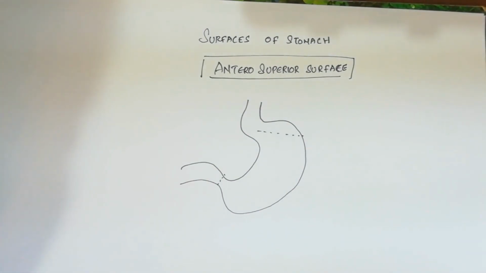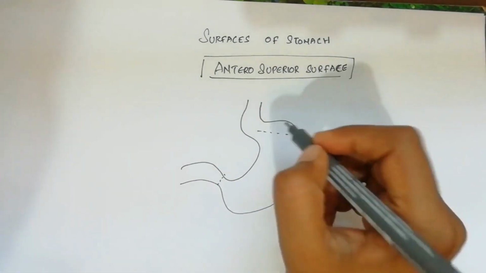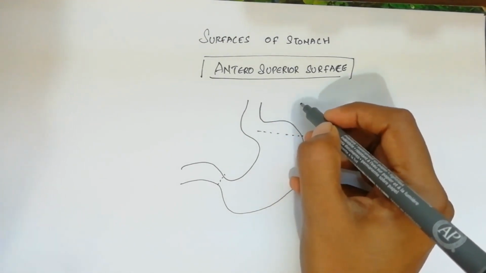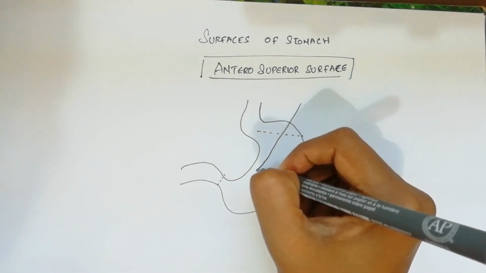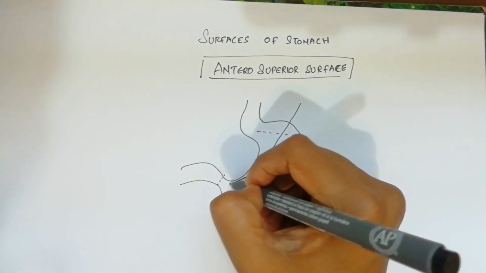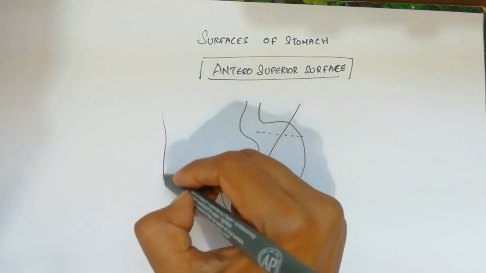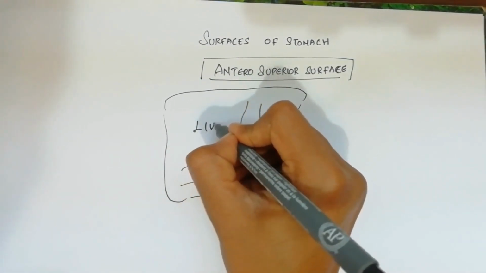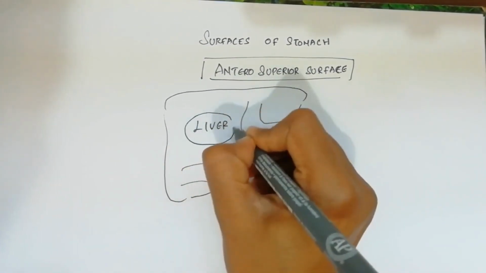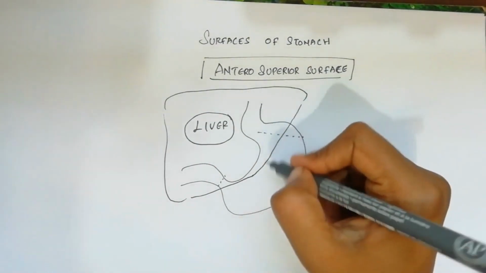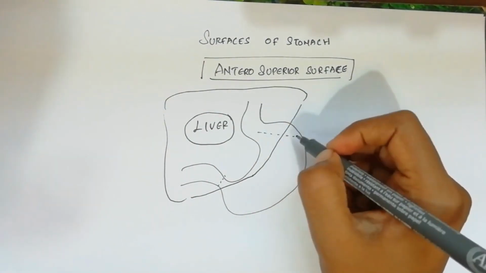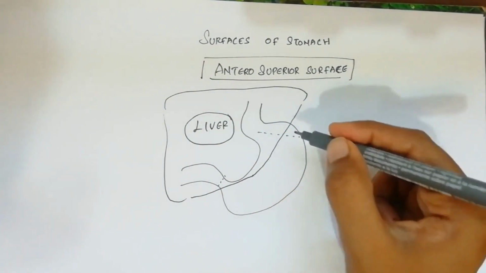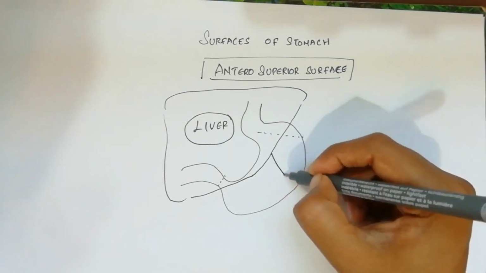Here on the right side we have the relation of the liver. So the whole of the liver will be related towards the right side of the anterosuperior surface. Talking about the left side, we have the costal margin present over here.